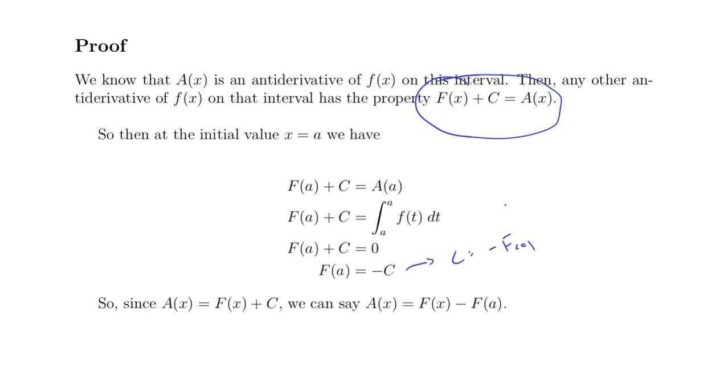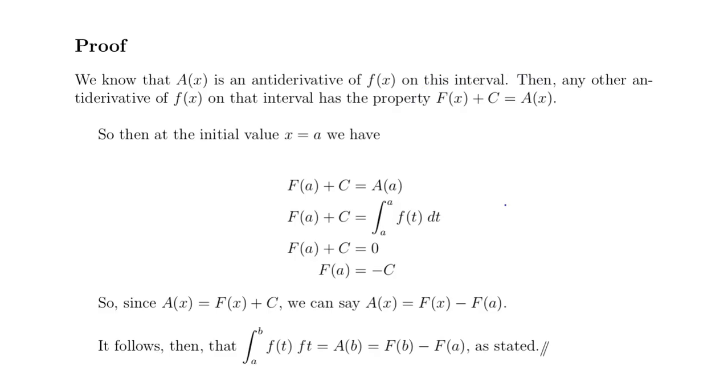Now this is going to lead us directly to the second part of the fundamental theorem of calculus, because we'll just evaluate this little expression at b. So that means then that this integral from a to b of f of t dt is A of b, because this is our area function again, from a up to x of f of t dt.